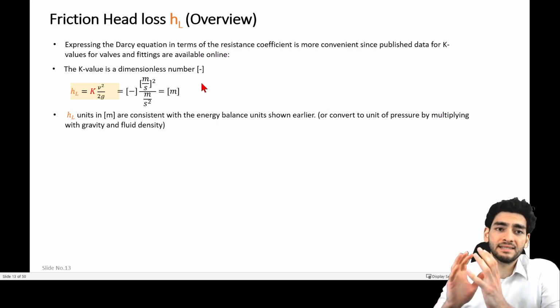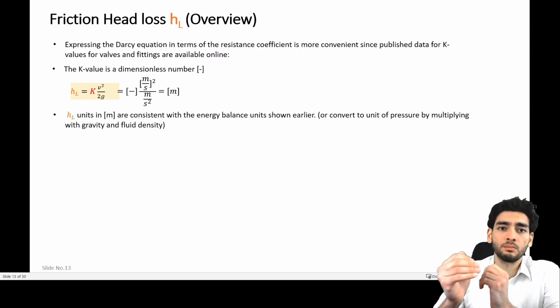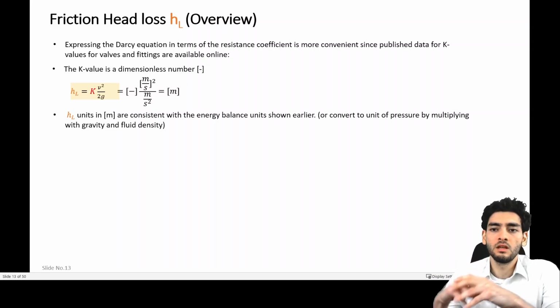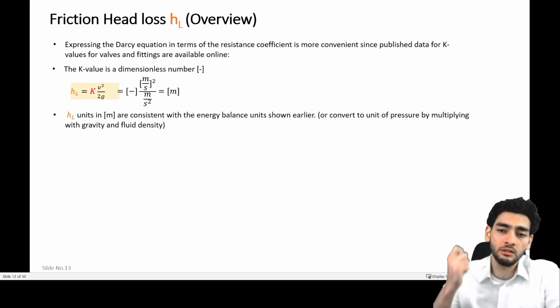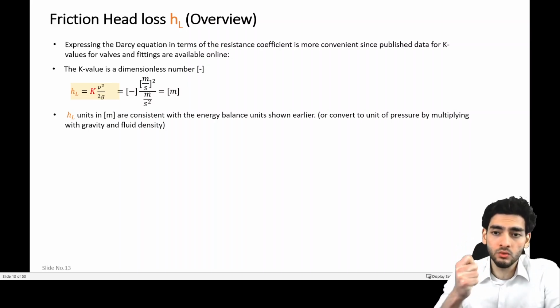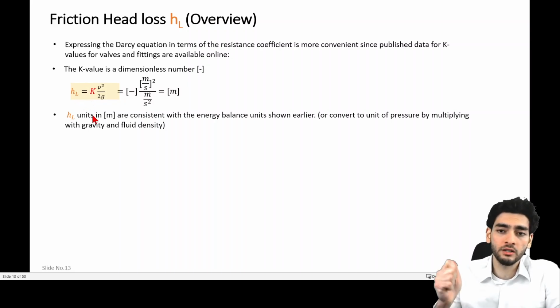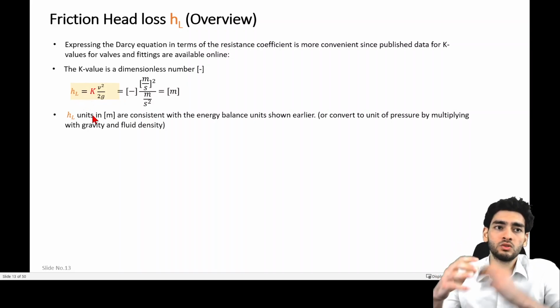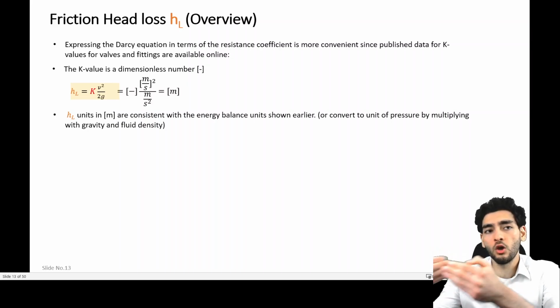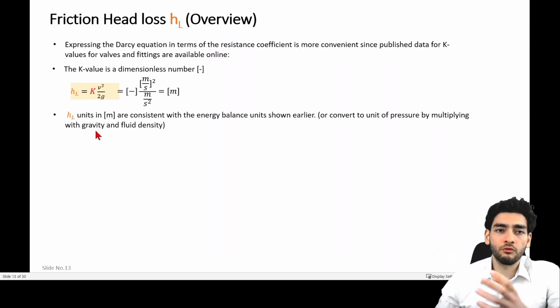And also at the same time, you would reach out to the supplier and the vendor of the particular fitting and component that you want to calculate the frictional head loss for, and they would be able to provide you with an equation that you could use to calculate the resistance coefficient, or a chart, a graph that you could use to find what the resistance coefficient would be for your particular application. It's important to know that the resistance coefficient is a dimensionless number.